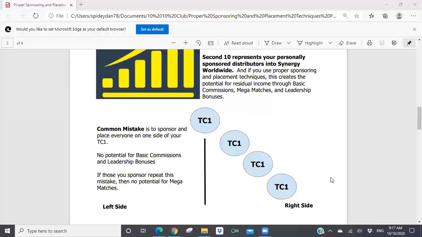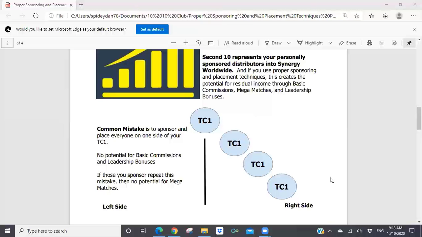And if one leg takes off and becomes your strong dominant leg, then we have a sponsoring and placement technique to switch to again strengthen your weak leg, and to strengthen a person that you've personally sponsored in your weak leg, who is actually an active distributor that you can partner with to help them maximize for themselves the Synergy compensation plan, which then benefits you in higher organizational value on your lesser leg, which increases your basic commission.